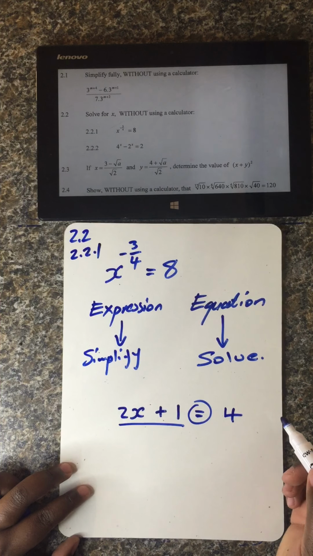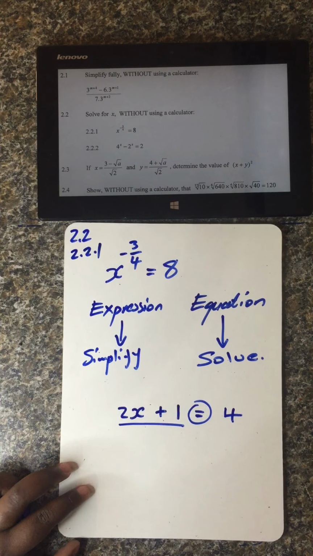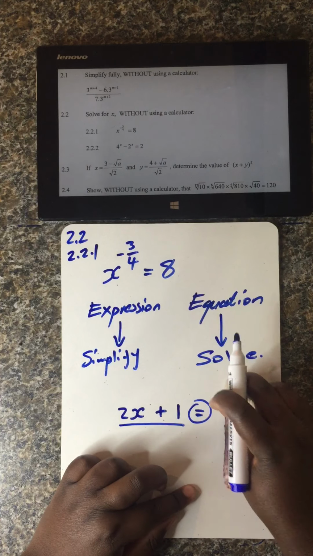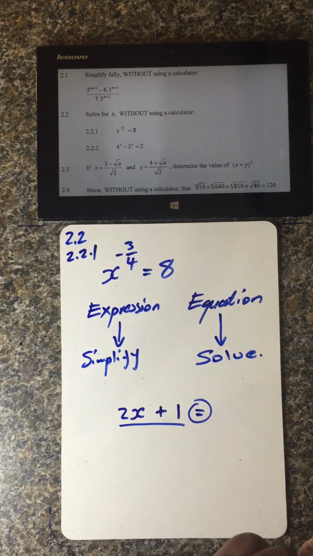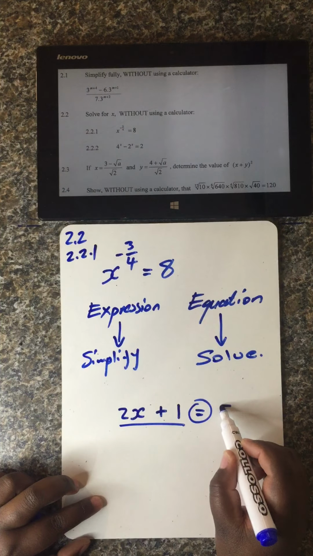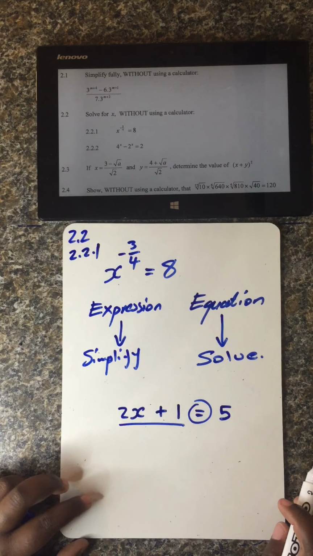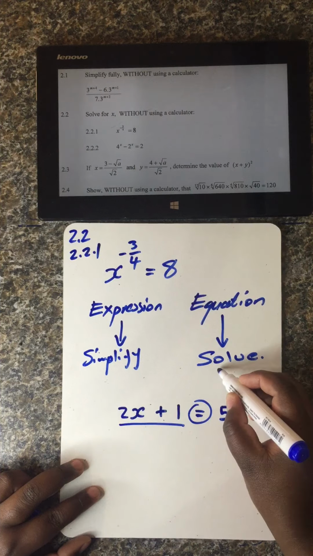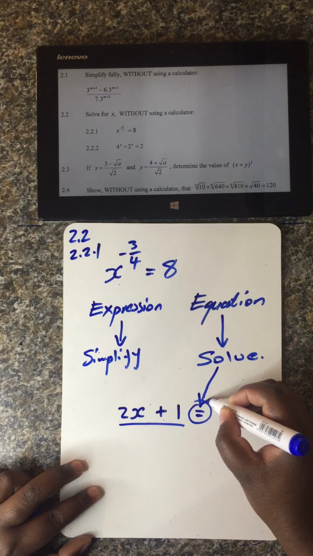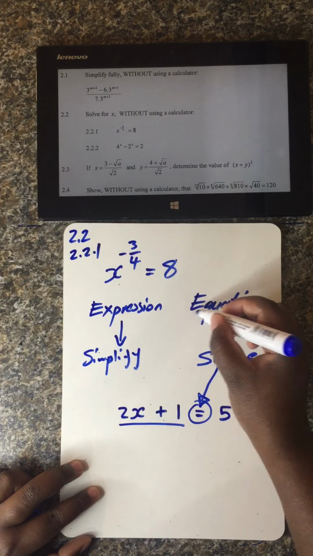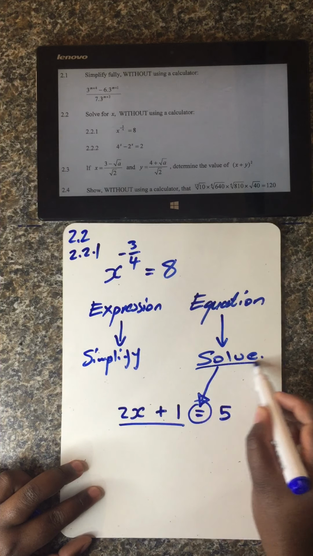Okay, so for the sake of making it easy, because this is not really a question, I'm just trying to explain something to you, let's just say it can be equated to 5. Ladies and gentlemen, very important: the moment you see an equal sign, it means this is an equation. So when you've got an equation, they will want you to solve.